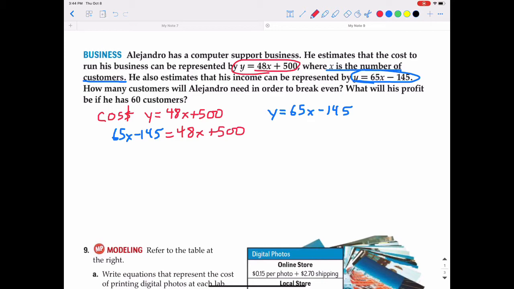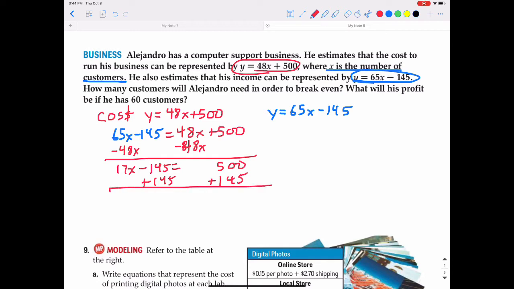So we can solve that for x by subtracting 48x from both sides. That gives us 17x minus 145 equals 500. Then add 145 to both sides. So 17x equals 645.